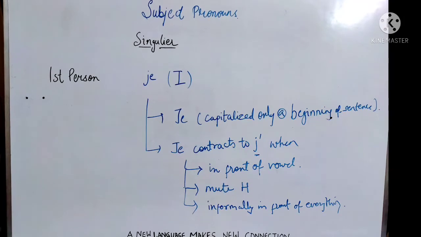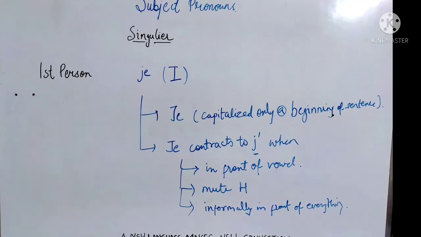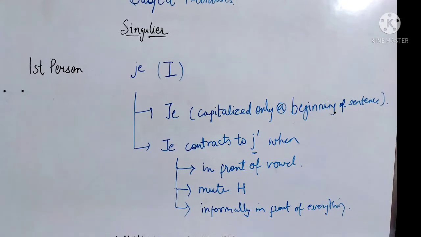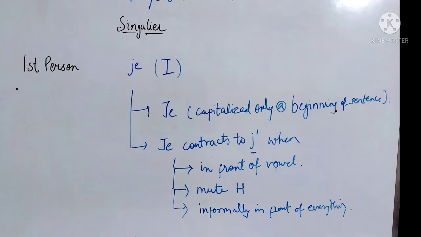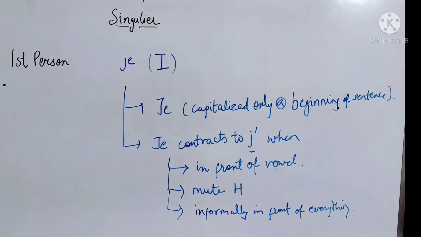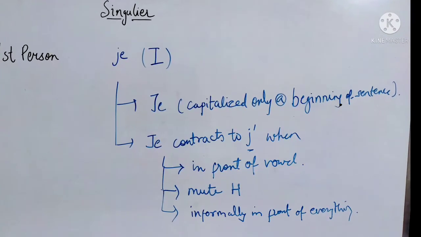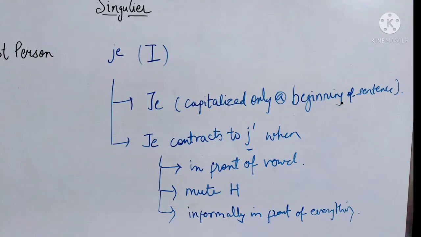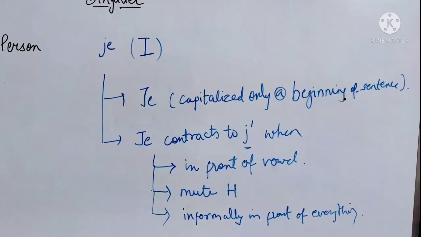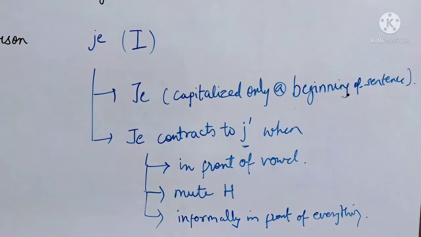Then je can be contracted to j apostrophe when there is a vowel next to it, or when there is an h. As we know that h is always silent in French, so it always gets contracted. And informally, in front of a consonant, it happens to be contracted to j apostrophe. That's it, so no need to worry about that. It's not an important point.